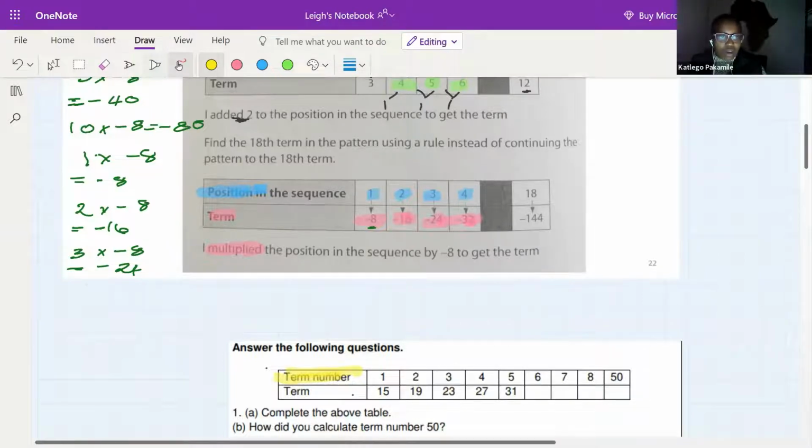So term number 1 is 15. Term number 2 is 19. Term number 3 is 23. In the previous lesson, we would only work with the bottom part that says term. So we would only work with 15, 19, 23, 27, and see what we add to get to the next term. So let's do that.